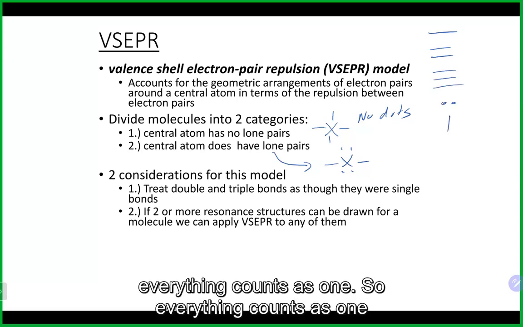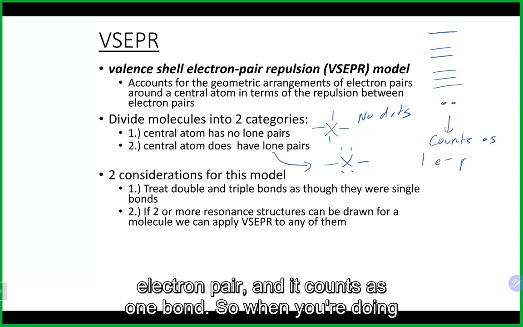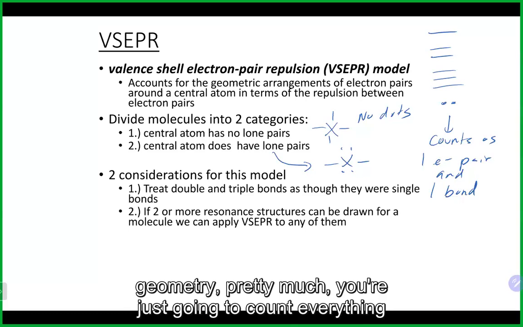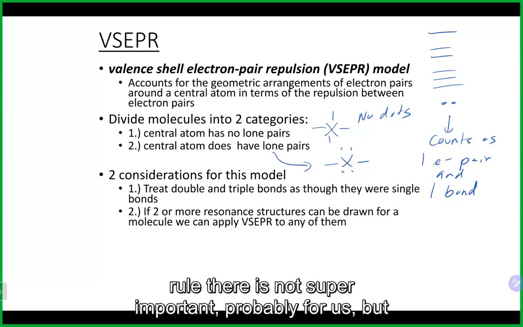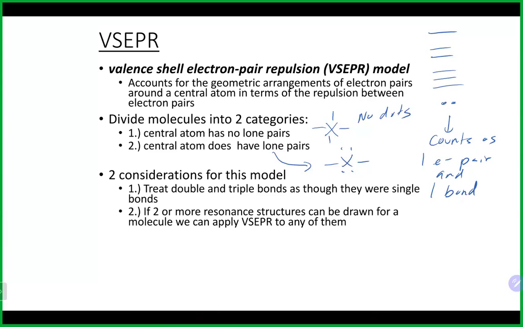So everything counts as one electron pair, and it counts as one bond. So when you're doing geometry, you're just going to count everything as one bond and one electron pair.